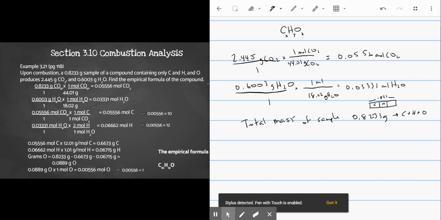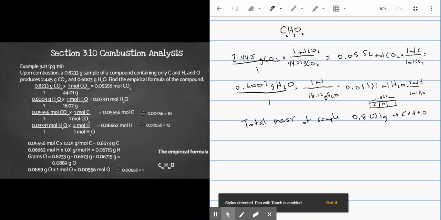We need to change from the moles of CO2. So from this mole of CO2, I need to change it to just carbon. I'm going to do it right here. I'm going to squeeze it in. So 1 mole of CO2 is 1 mole of C. And down here, 1 mole of H2O is 2 moles of H. Okay, remember that.